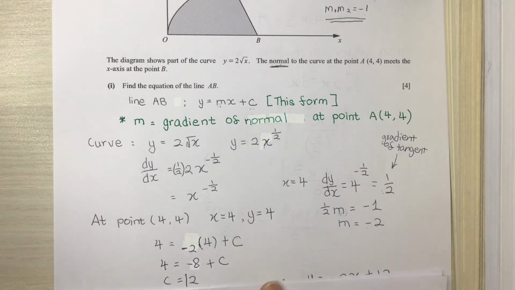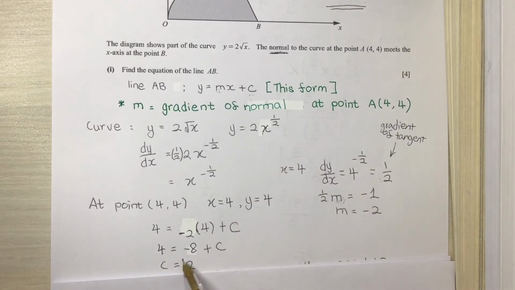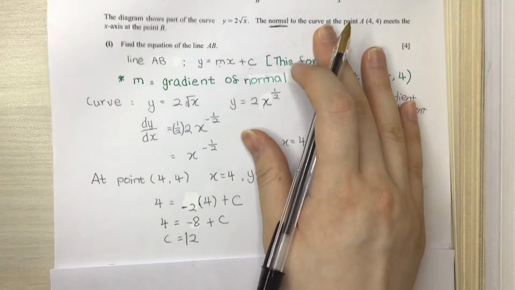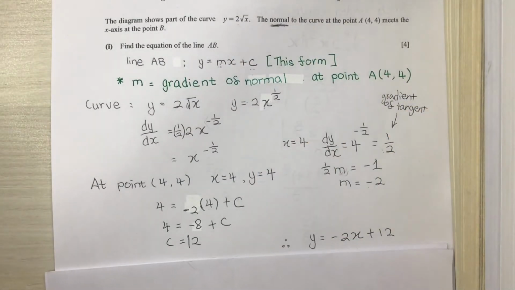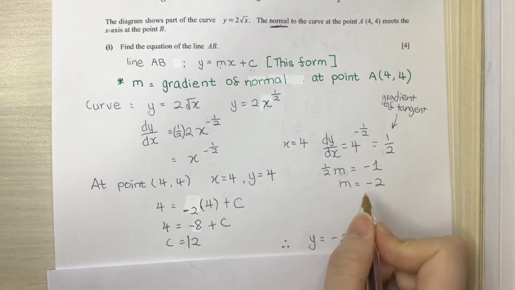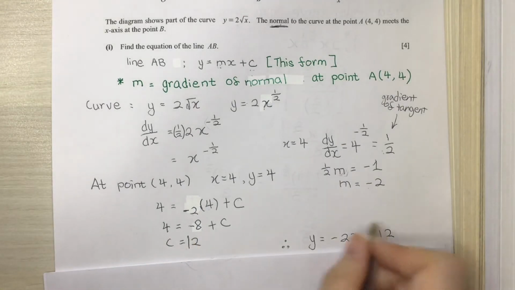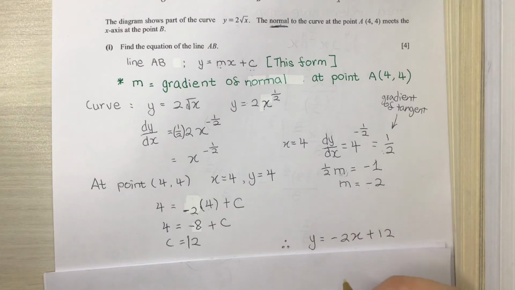You may use a calculator or just calculate mentally. You'll find c equals 12. Your final answer will be replacing m and c with the numerical values that you found, and this will be the equation of the line AB.